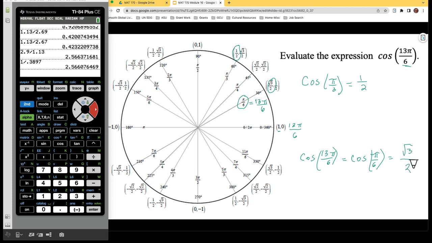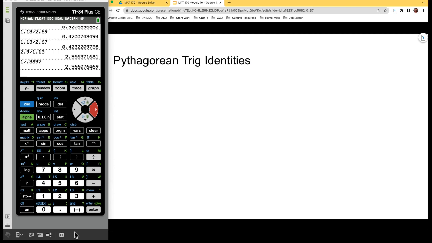So that's how we can use the unit circle to find cosines and sines. Remember, sine is the y-coordinate. Tangent we have to calculate, because that's the y-coordinate over the x-coordinate, but we could do all of those just by taking off the point, as we did with that last one.